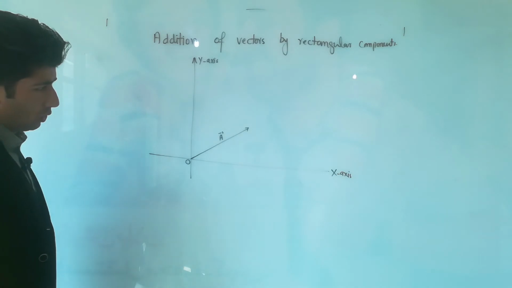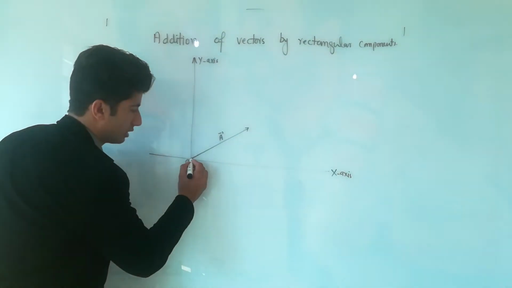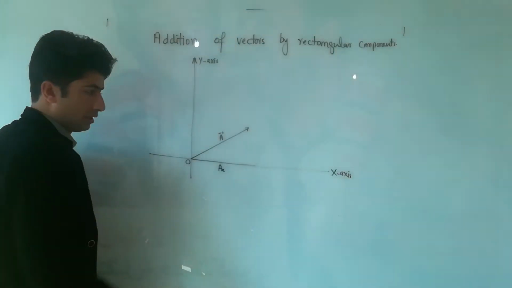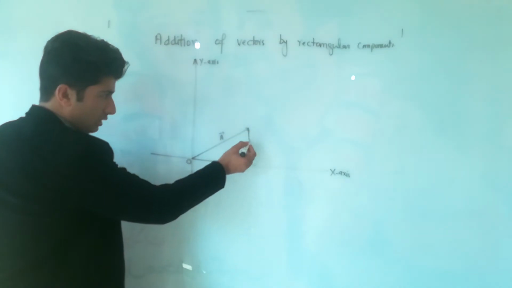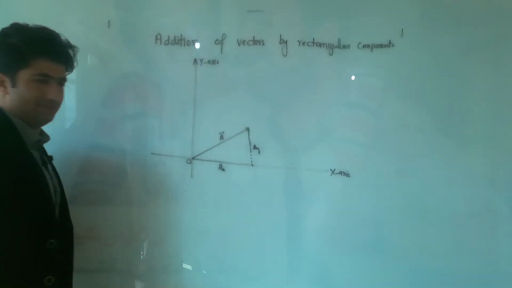Its x component will be like this one. This is ax, and along this one it will be ay. Understand?